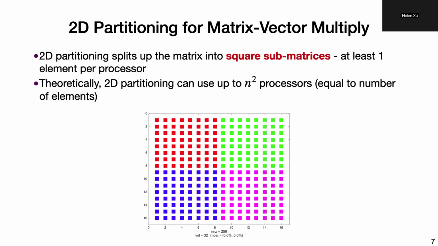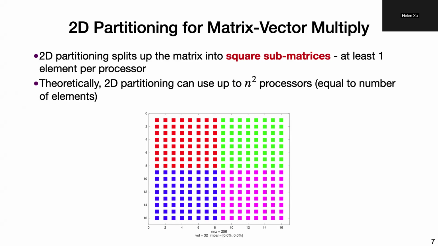Another way to cut up the matrix is called 2D partitioning. In 2D partitioning, rather than cutting up just along the rows, you can also cut up along the columns. And 2D partitioning is a little bit more complicated, because in 1D partitioning every dot product corresponds to one entry in y. But in 2D partitioning, now you have these partial dot products because we cut it along the columns as well.